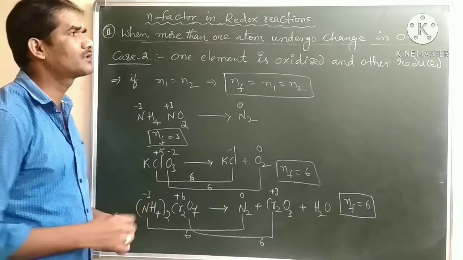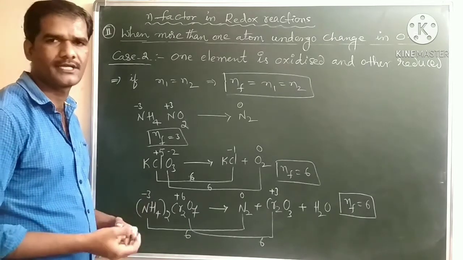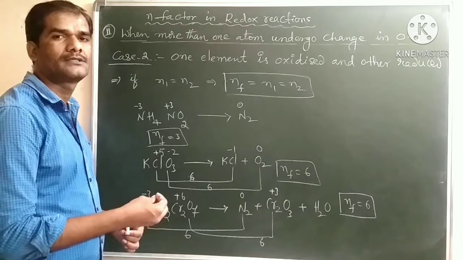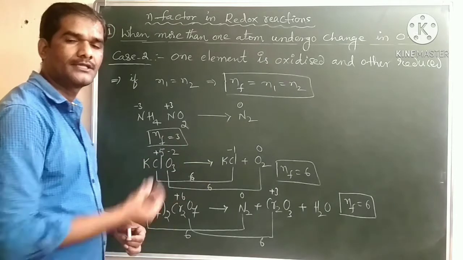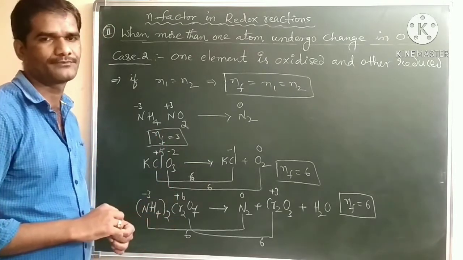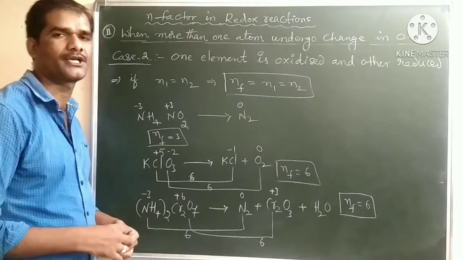Again, when more than one atom undergoes change in oxidation states, sometimes only one element undergoes oxidation and the same element also undergoes reduction. This is a kind of disproportionation reaction.